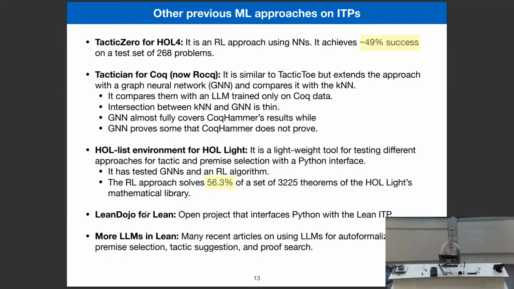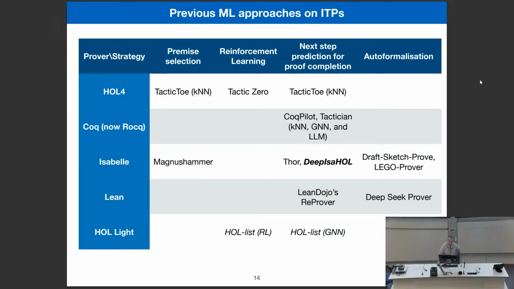For this, you often also need some interaction with the prover, and that's basically what we're trying to do here in the DeepIsaHOL project. As a brief summary of what I have just described, we have all these kinds of tasks that we can do.